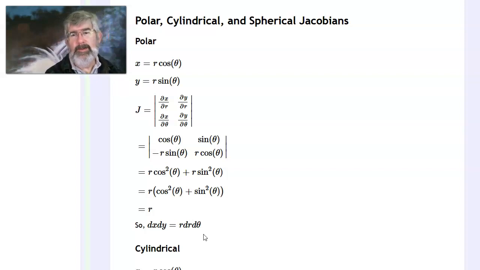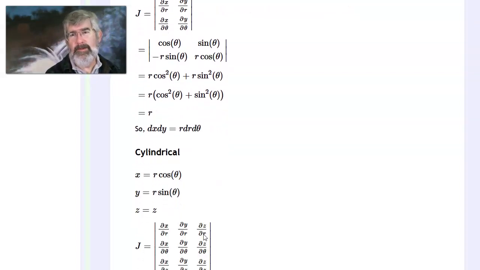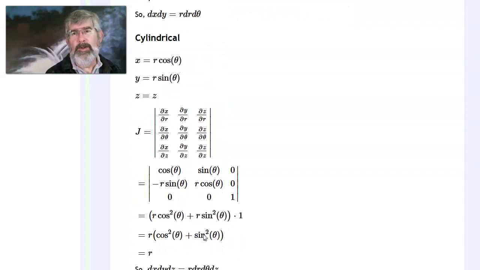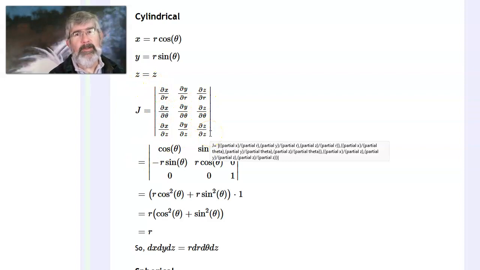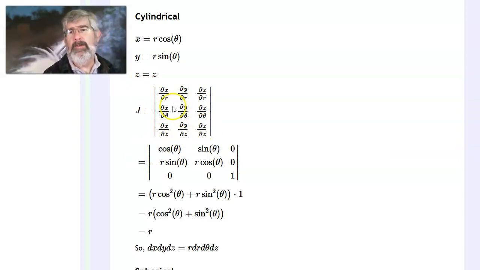Now let's do a similar thing in cylindrical coordinates. In fact, cylindrical coordinates really are just polar coordinates with the z being left alone. X equals r cos theta, y equals r sine theta, z equals z. And the Jacobian is now a 3 by 3 matrix, determinant of that matrix. All these partial derivatives, x, y, and z with respect to r, with respect to theta, and with respect to z.